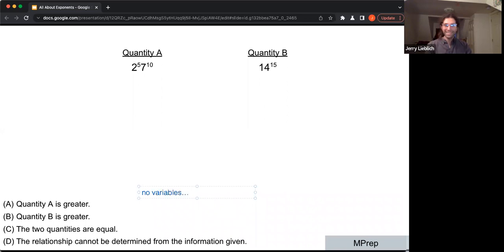So that means I can eliminate D. Because D means it depends. Sometimes it's B, sometimes it's A. But if this is just a number and this is another number, there is definitively one that's bigger or they are equal. Same way if it were 2 and 4. So if there's no variables and I have to take a guess, it's got to be A, B, or C.